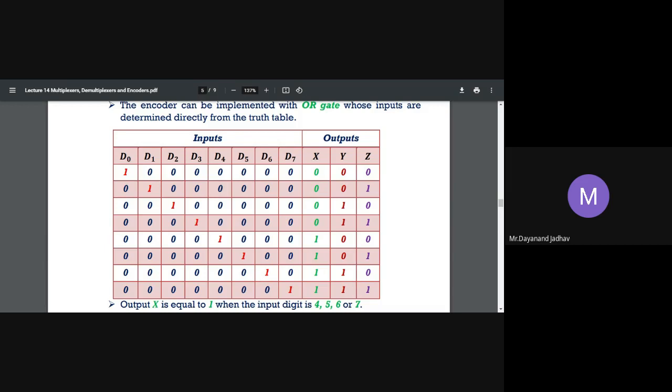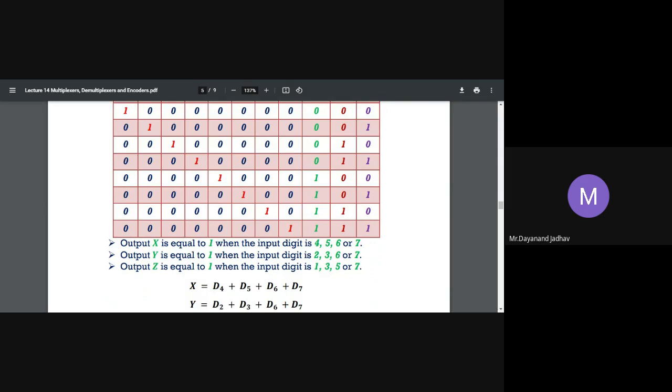For z, we consider 1, 3, 5, and 7. Just like that, output x is equal to 1 when the input digit is 4, 5, 6, 7. Output y is equal to 1 when the input digit is 2, 3, 6, 7. Output z is equal to 1 when the input digit is 1, 3, 5, 7.